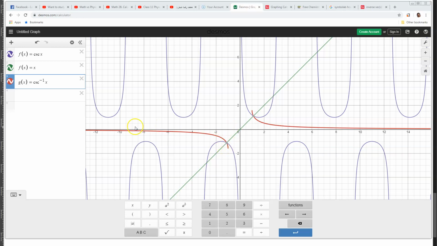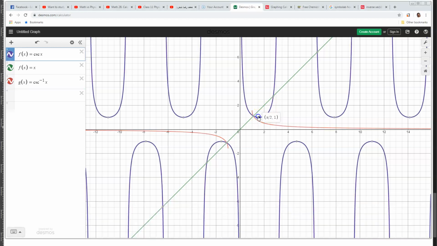This is only the principal value branch of the function. The calculator doesn't give you all of the branches that you would get. And then what happens is that this point over here is pi by 2 comma 1, right?